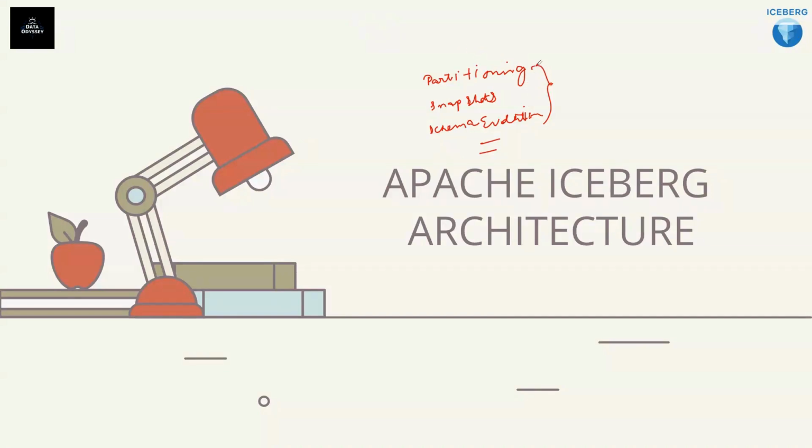For example, the problem with partitioning, it's solved using hidden partitioning, right? I've mentioned that in the last video. Okay, and then it tries to solve the problem of snapshots by storing snapshots, basically by addressing the issue of storing version history, right?